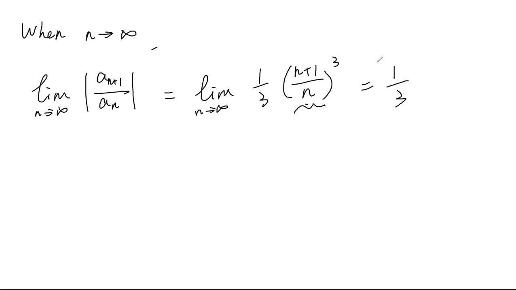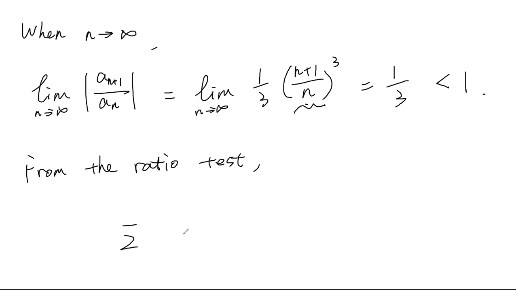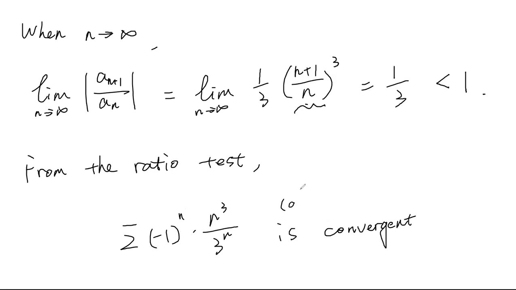So the limit of the ratio is equal to 1/3, which is less than 1. From the ratio test, the series, negative 1 to the n power times n cubed divided by 3 to the n power, is convergent, or absolutely convergent.